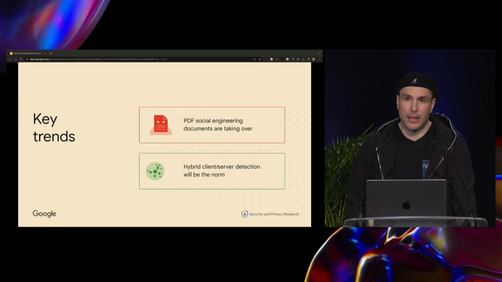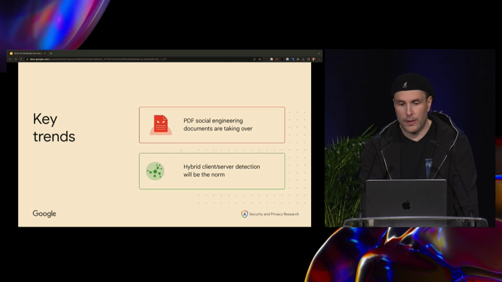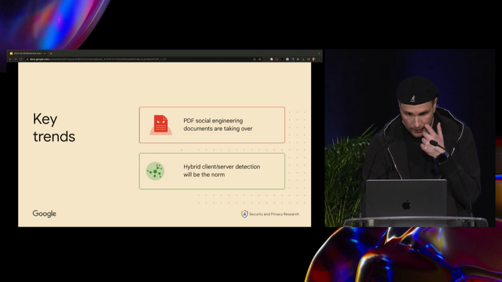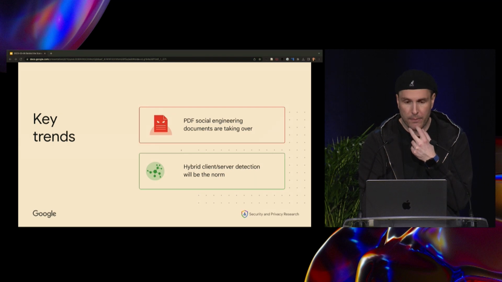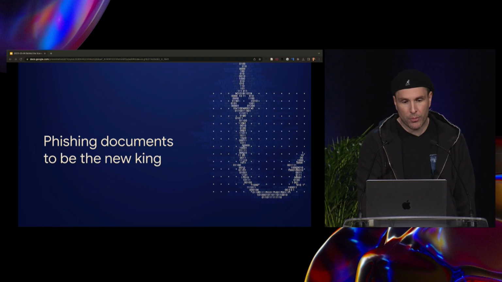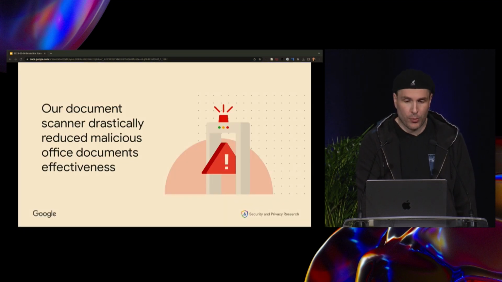Since there was a lot of inefficiency in terms of macro and malware, the PDF has become again number one, and because of the expectations and of regulations, we are going through the hybrid type of servers, which creates new difficulties to have the same level of security. So this also explains why phishing documents are the best way to attack users.